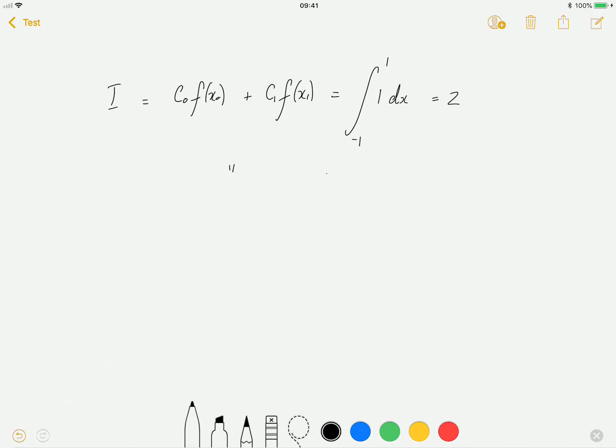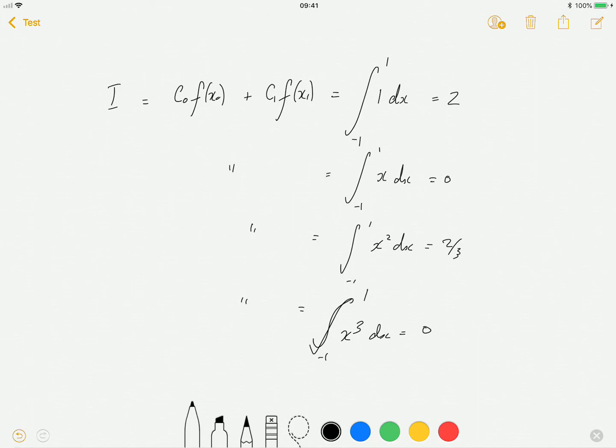Similarly, it fits exactly within the standard limits of our linear function, x dx, which is equal to 0, as well as our quadratic equation, which is equal to 2/3, and our cubic relation, which is equal to 0.